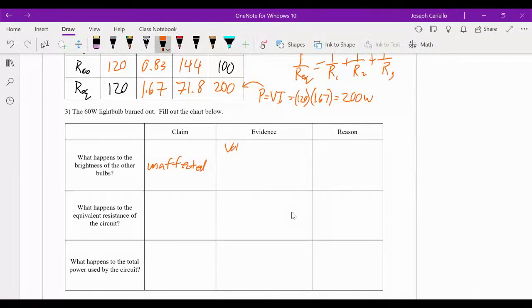The voltage won't change, nor will the bulb's resistance. Therefore, I equals V over R for the bulb doesn't change.